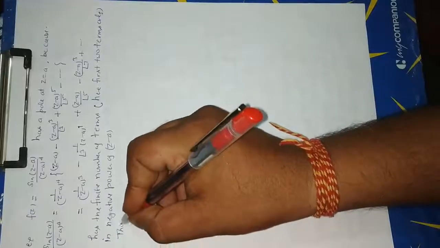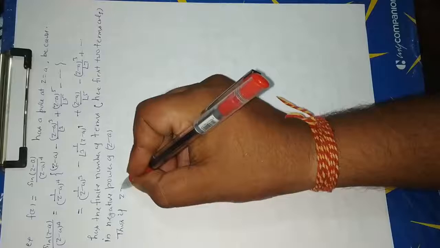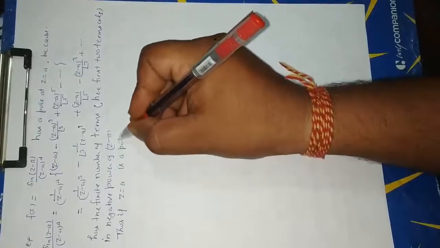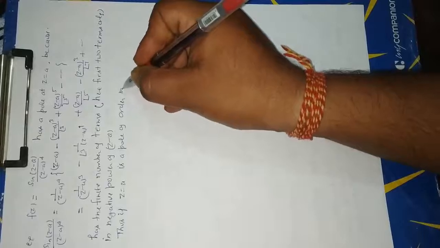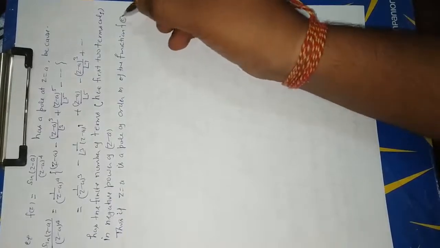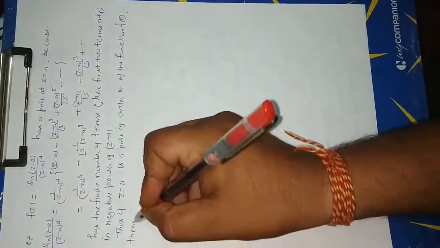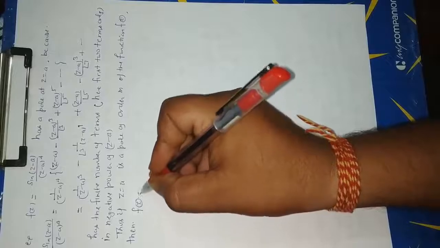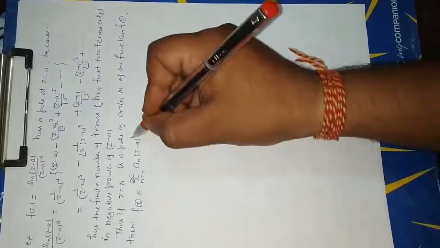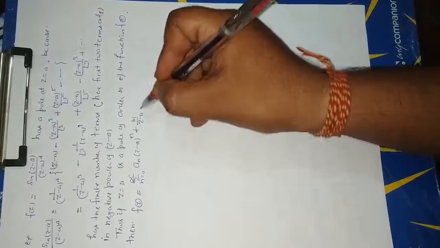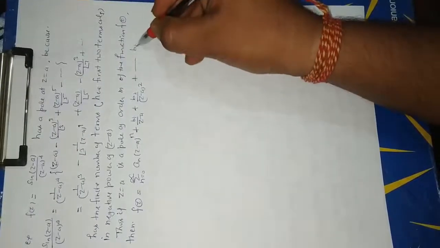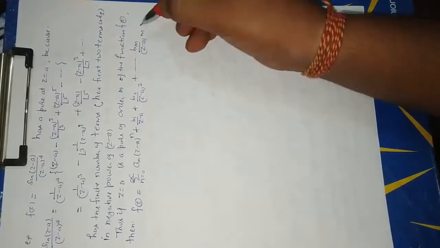Thus, if z equal to a is a pole of order m of the function f(z), then f(z) equal to summation n equal to 0 to infinity a_n (z minus a) whole power n plus b1 upon (z minus a) plus b2 upon (z minus a) whole square plus up to b_m upon (z minus a) whole power m.